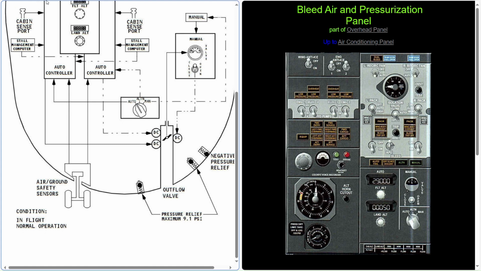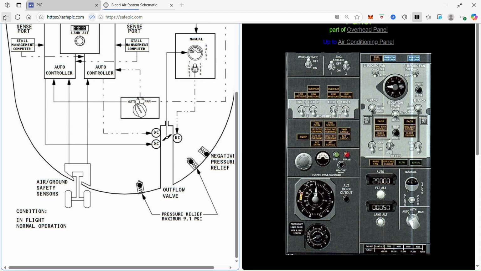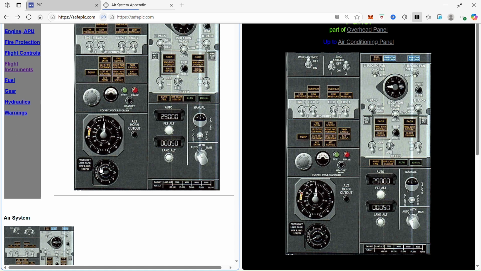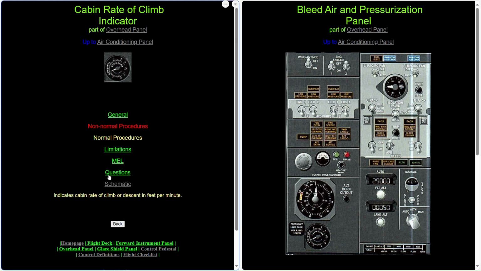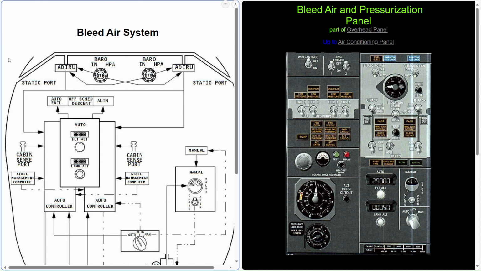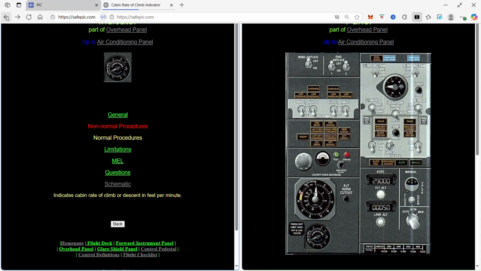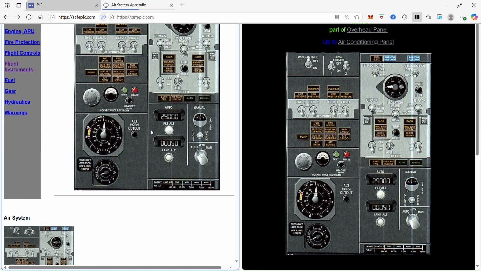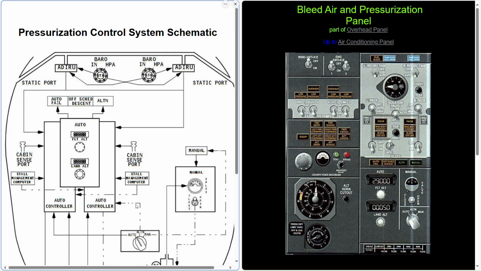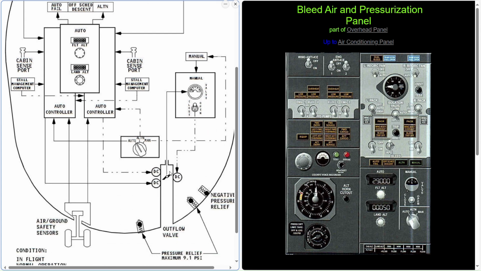So let's see if I can go back. So we had it for that one. Now let's see about this. You see we have that there. We can go to the schematics and then we can find it in here, and going further back we have the pressurization. So you have schematics, you have the manual valve right here, and it shows you that this is the outflow in the back of the airplane, how everything works.